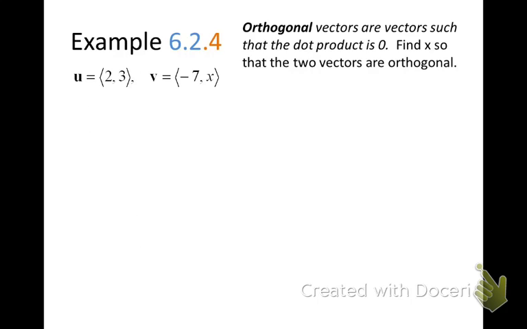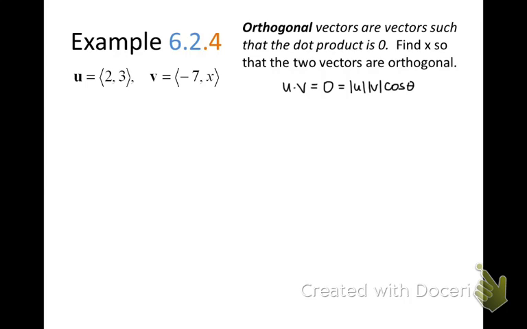If you have a vector u times a vector v that has a dot product of 0, and remember the dot product is supposed to equal the magnitude of u times the magnitude of v times cosine of theta, right? What's the only way that you're going to get 0 here?